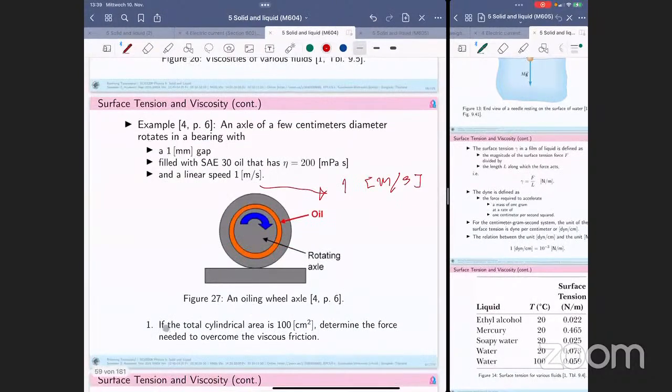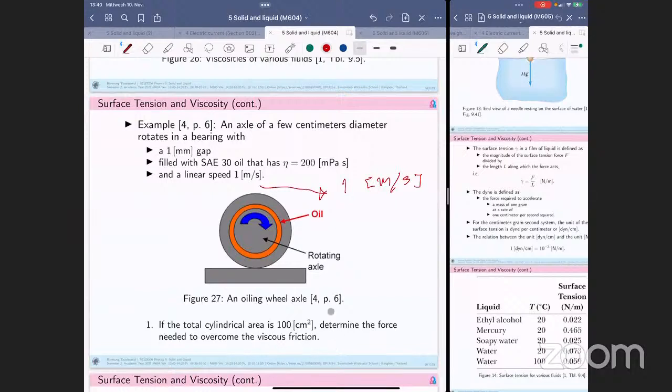Then we arrive at the question: if the total cylinder area is 100 square centimeters, so the area inside this bearing is 100 square centimeters. Neglect the depth difference and determine the force needed to overcome the viscous friction.